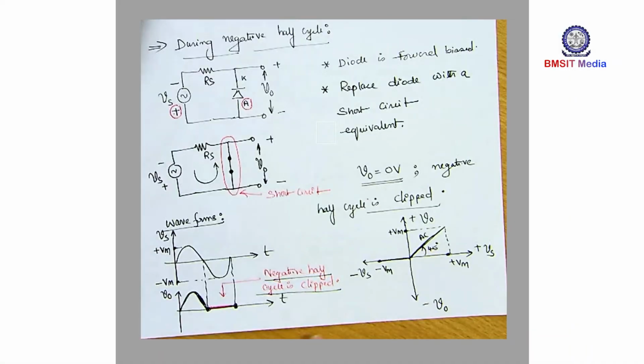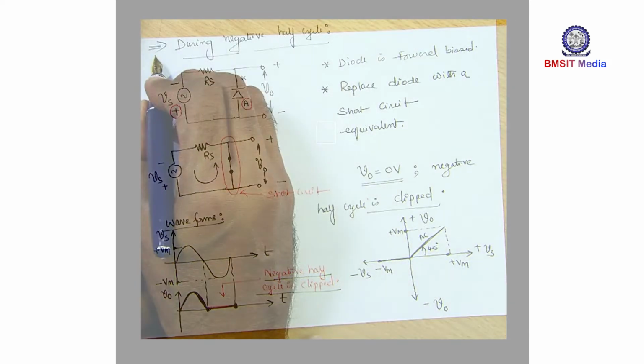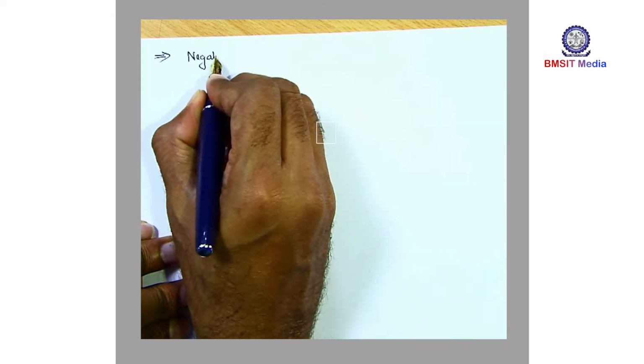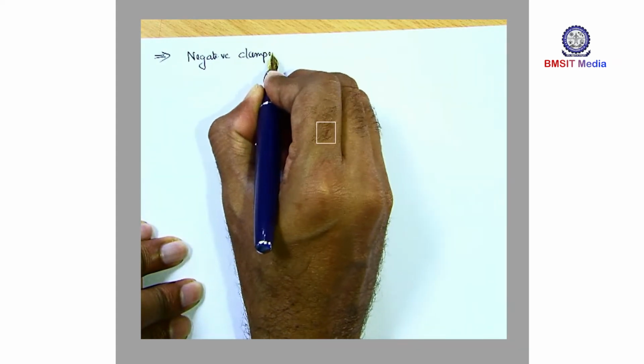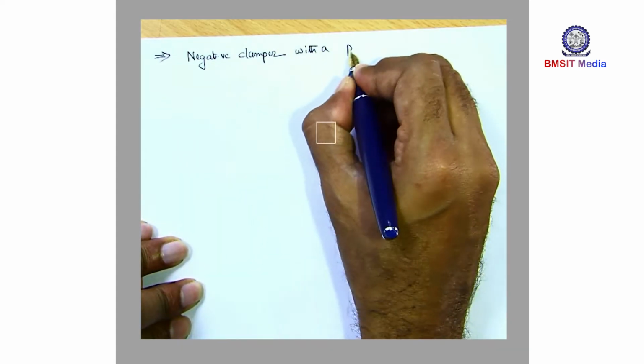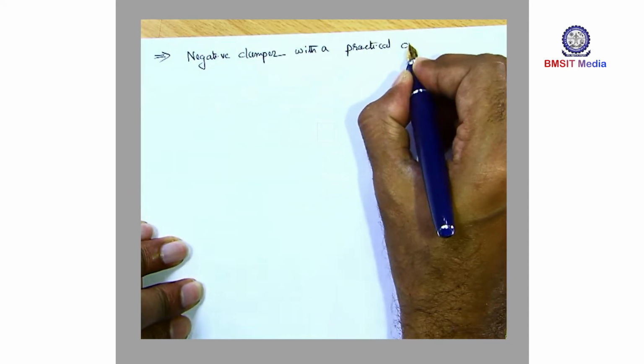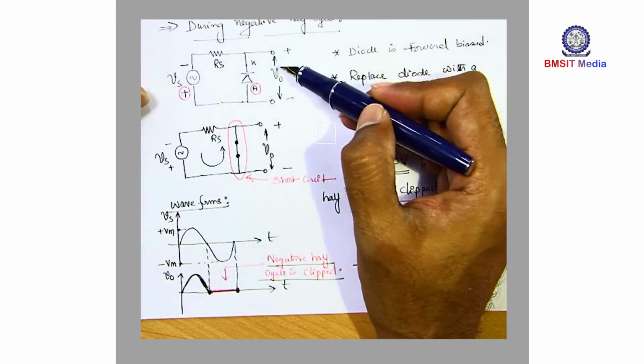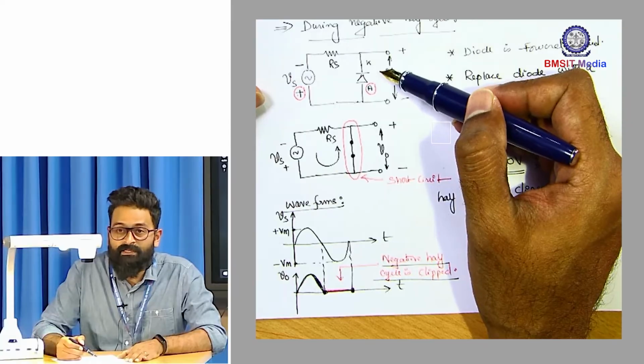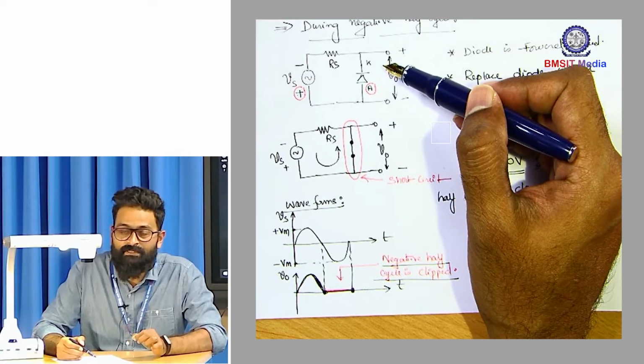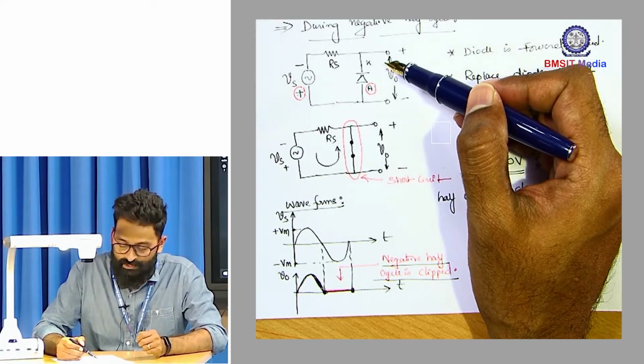So you can also try for negative clipper with a practical diode. Okay, it's very simple. So I'll tell you a shortcut here. So what do you mean by a practical diode? A practical diode is a diode which possesses finite barrier potential. Right.